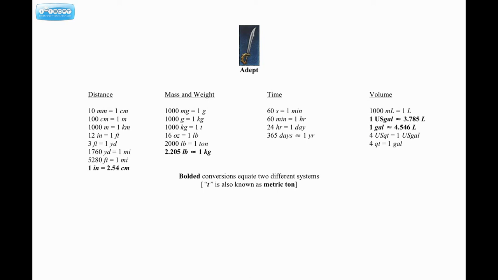And the only other thing I want to point out, we've worked with tons before in the Imperial system. That was 2,000 pounds. You spell ton T-O-N. However, if you see T for ton, just a little t, that is known as a metric ton.